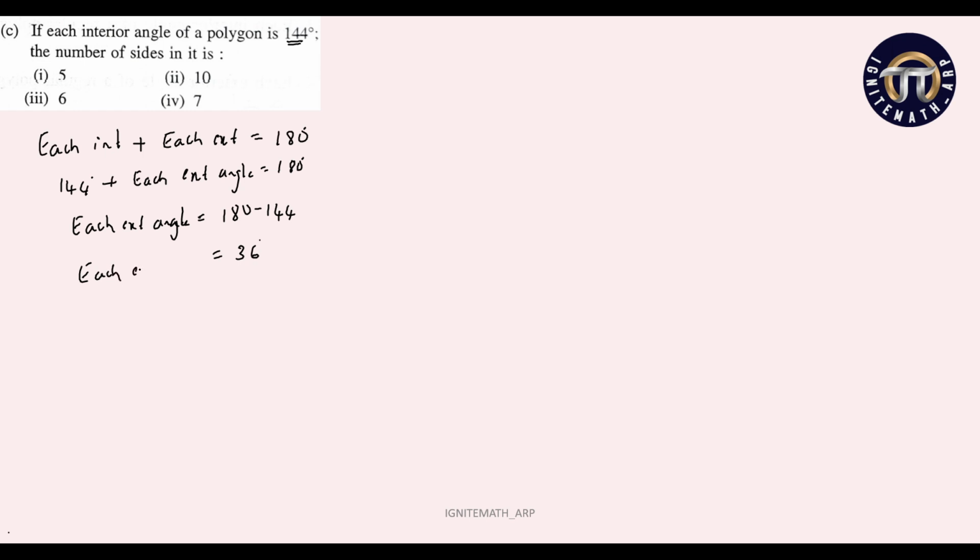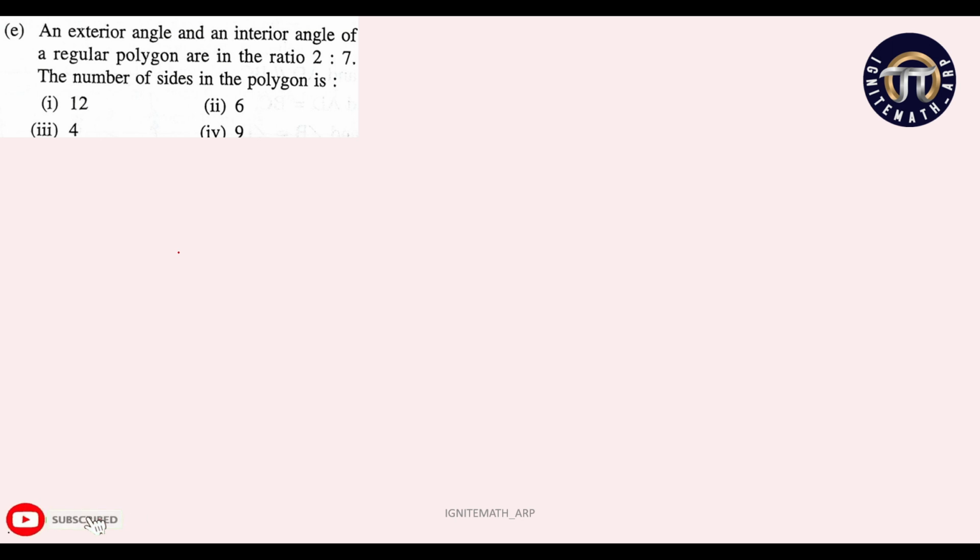So I have got each exterior angle is equal to 36 degree. Therefore, number of sides is equal to 360 degree divided by each exterior angle, that is 36. So 10 is the right answer. So answer supposed to be 10. Clear, children? Okay, now let's move to the next one.